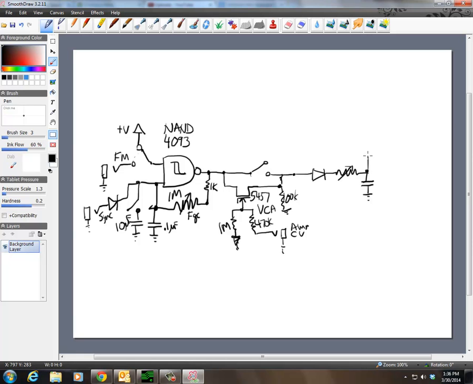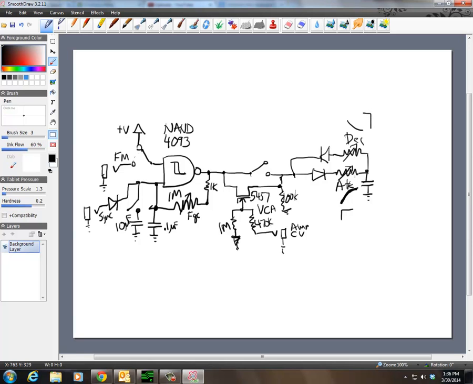And then I thought, well, if I put another one in the opposite direction, then I could have this one form the attack, and this one could form the decay. So this one would cause it to rise up slowly instead of going straight up, and this one would cause it to decay slowly instead of just a sharp decay.